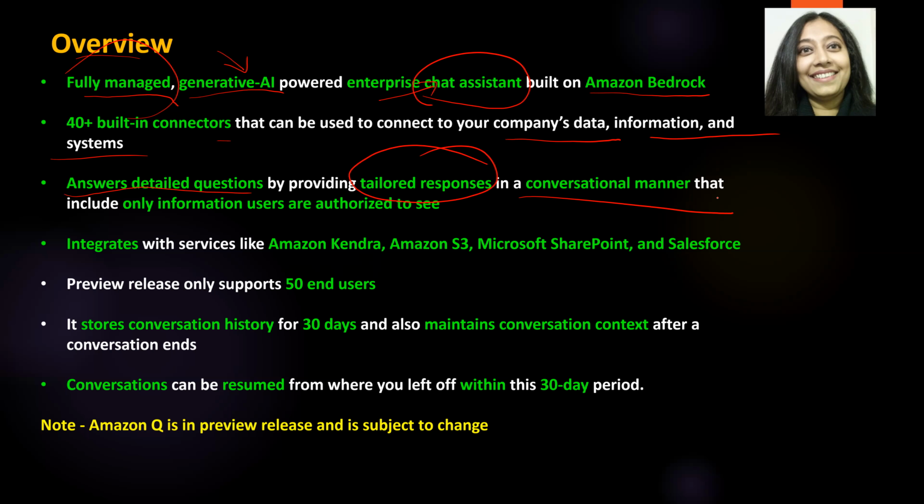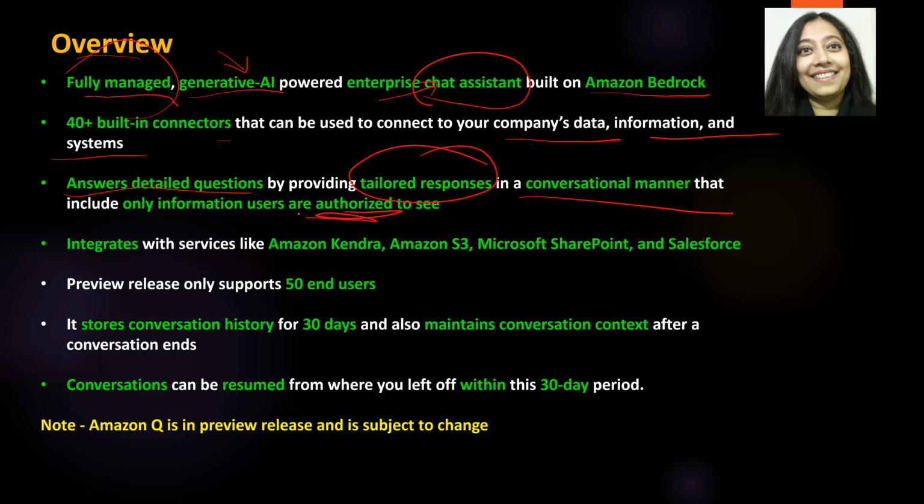Most importantly, the information that it provides as part of the response is totally based as per the user's authorization. That means for a specific question, let's say, it might gather a lot of information which is relevant in terms of the response. But remember, it tailors the response.